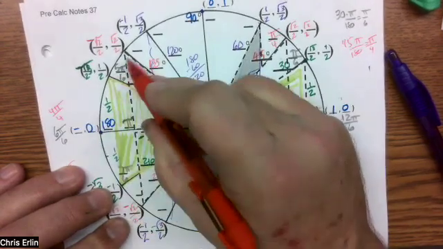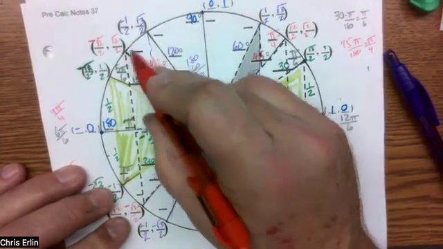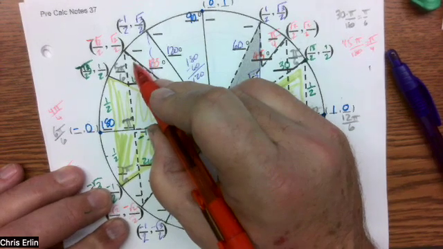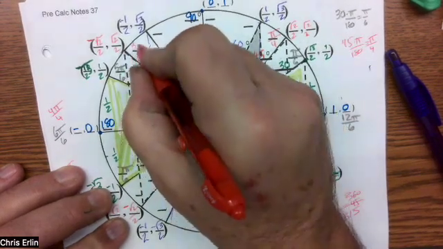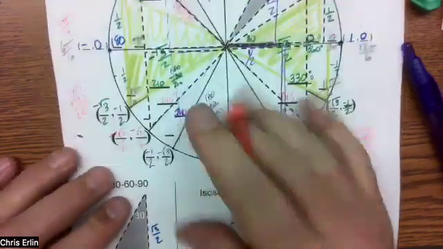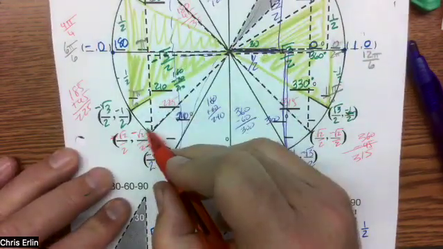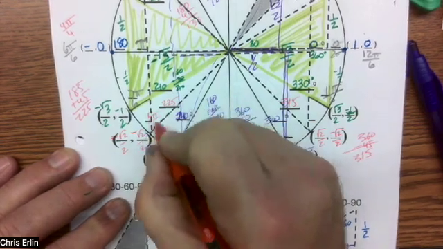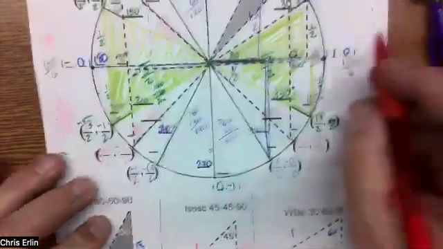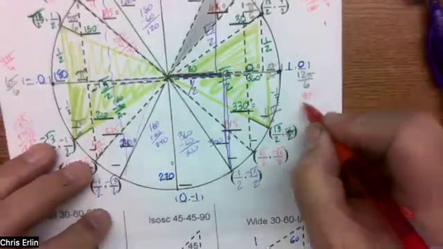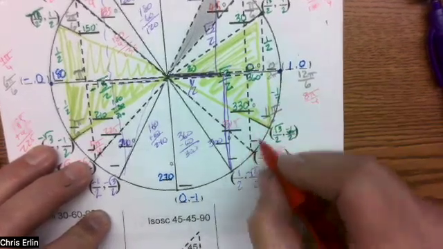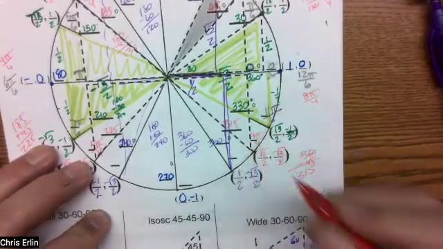Which means when I go 1/4 back from that, what's the radian measure for this red part? Yep, 3 pi fourths. And then if I add 1 to 4 pi fourths, what's my radian measure here? 5 pi fourths. And over here, if I think about a double pi, 2 pi, as 8 pi fourths, this one is 1/4 short of that. 7 pi fourths.